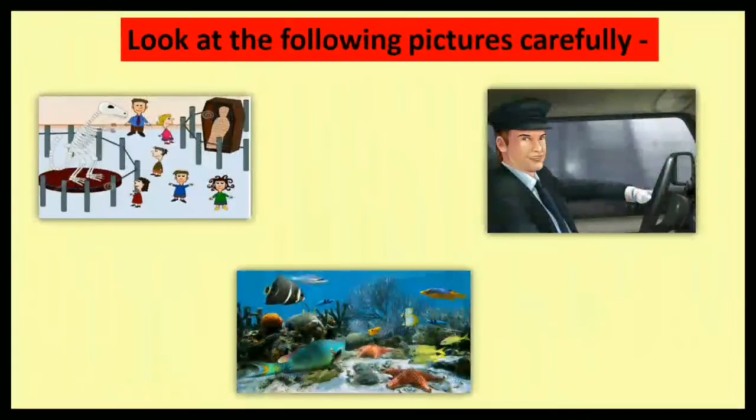First of all, look at the following pictures carefully. Dear students, in the first picture, you can see that some antique pieces are displayed and people are visiting there. In the next picture, you can see that a person is driving a car in uniform.